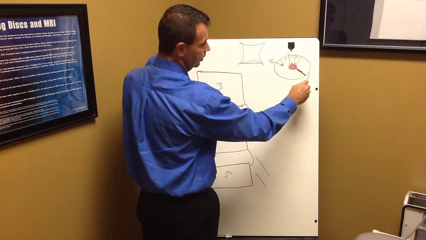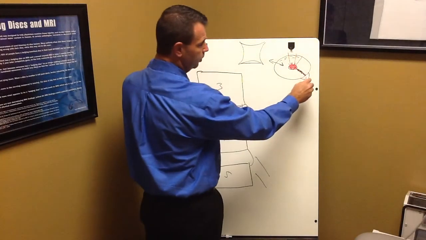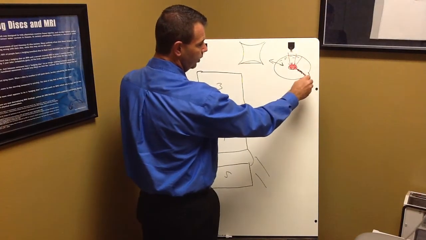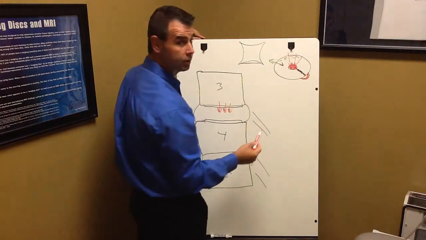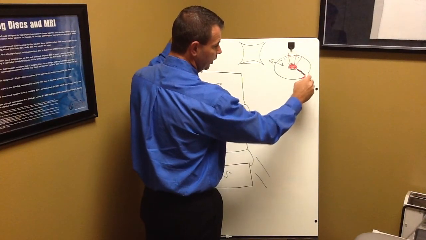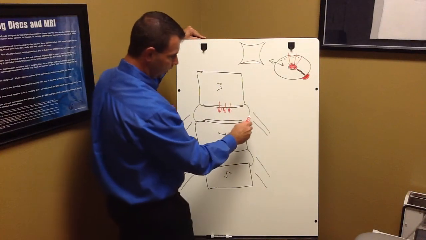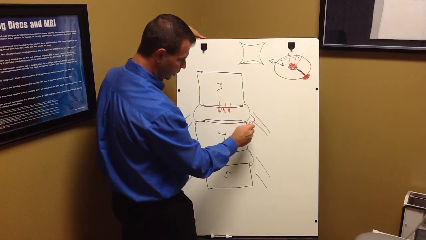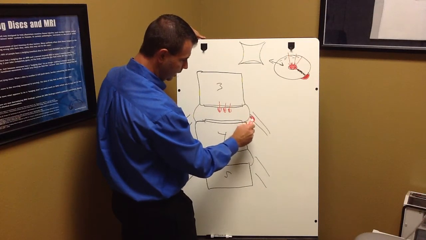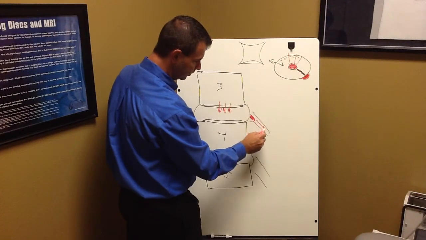This ends with a disc bulge. This disc bulge is made up mostly of the fibers and also the liquid that comes with the inflammatory process. This disc bulge can put pressure on the nerve, and it can be one of the ways that it can send symptoms down your leg.